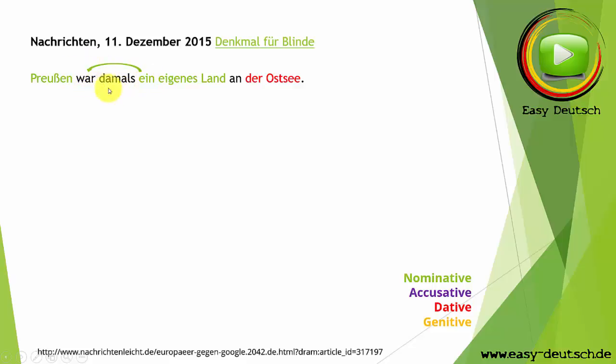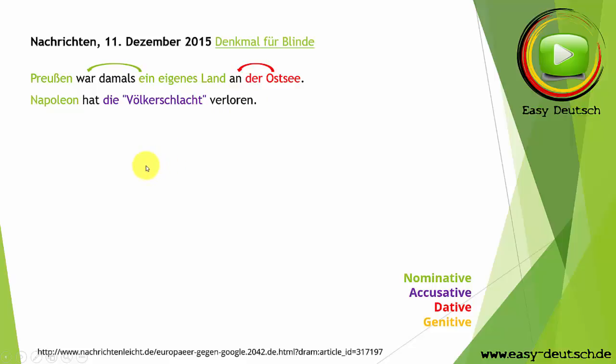Damals is no preposition, it's just a temporal adverb, so it has no influence on the case. That's why it's still the nominative case here, because that's no preposition, and we talk about Preußen, the subject here again, its own country. And an der Ostsee, Eastern Sea, it's dative case due to the preposition an, it's local here, and the position, so we ask with where, wo, so dative case.